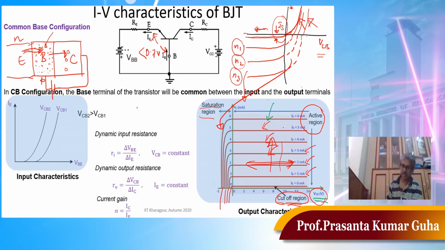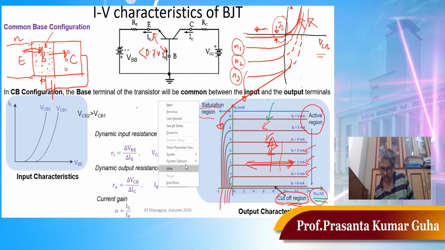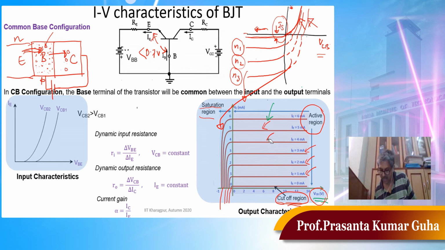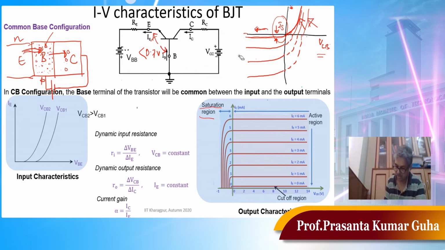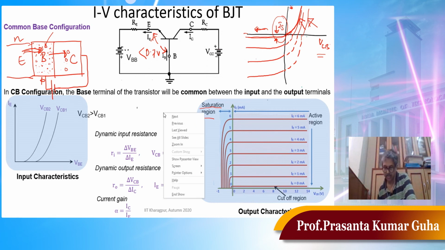Sorry, I think I am telling the wrong thing. What I am saying is that this IC is independent of VCB. So you see, this can be used as a constant current source, because even if your VCB is changing, your current remains the same.